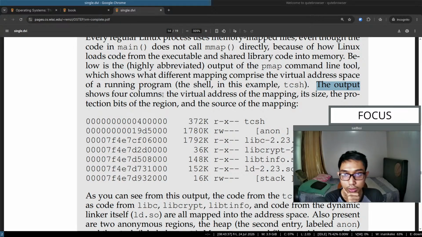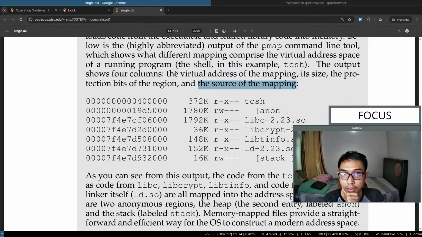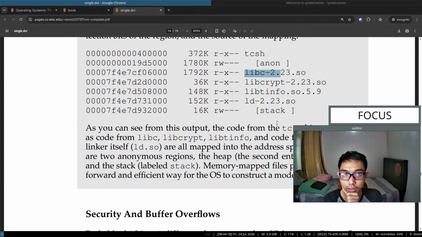The output shows 4 columns: the virtual address of the mapping, its size, the protection bits of the region, the permissions I guess, and the source of the mapping.